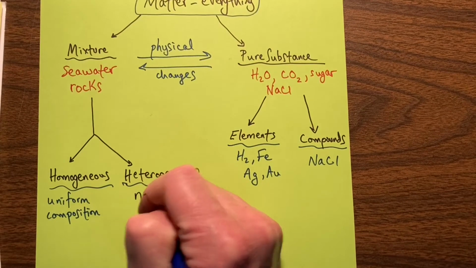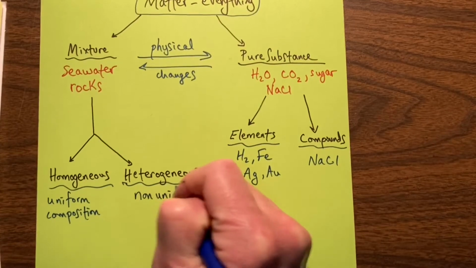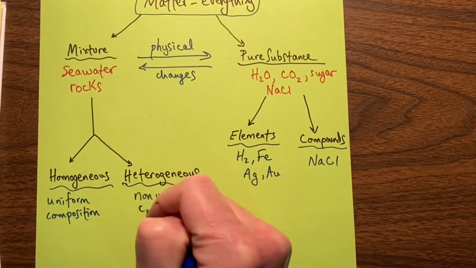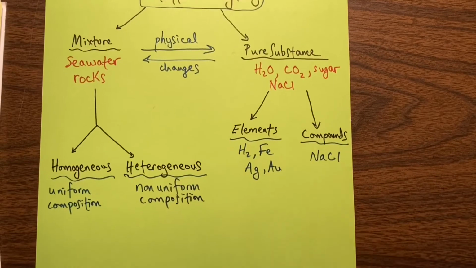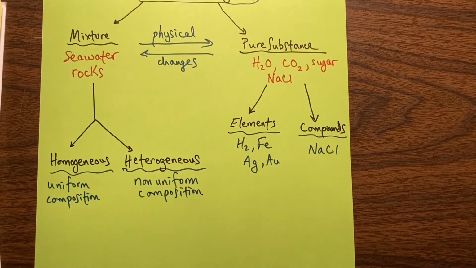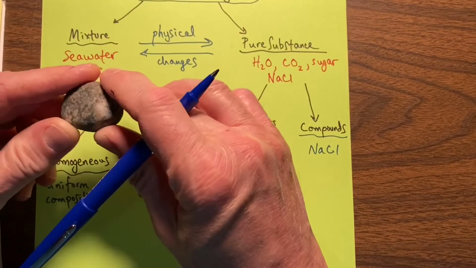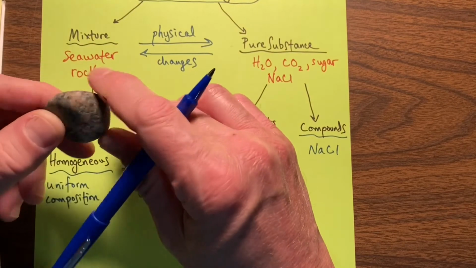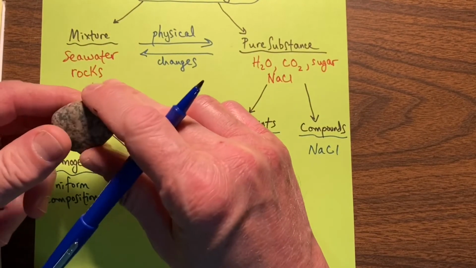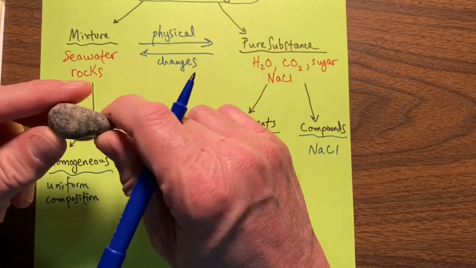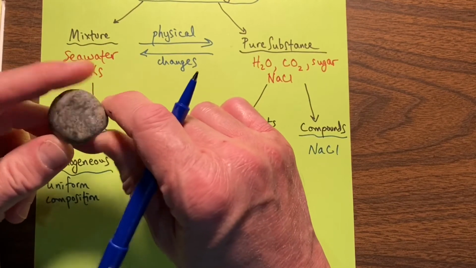Heterogeneous mixtures have non-uniform composition. Now that would be something like this rock here. This rock is an example of a heterogeneous mixture. Now we call it a rock, but a nerdy scientist like me would call it a heterogeneous mixture.